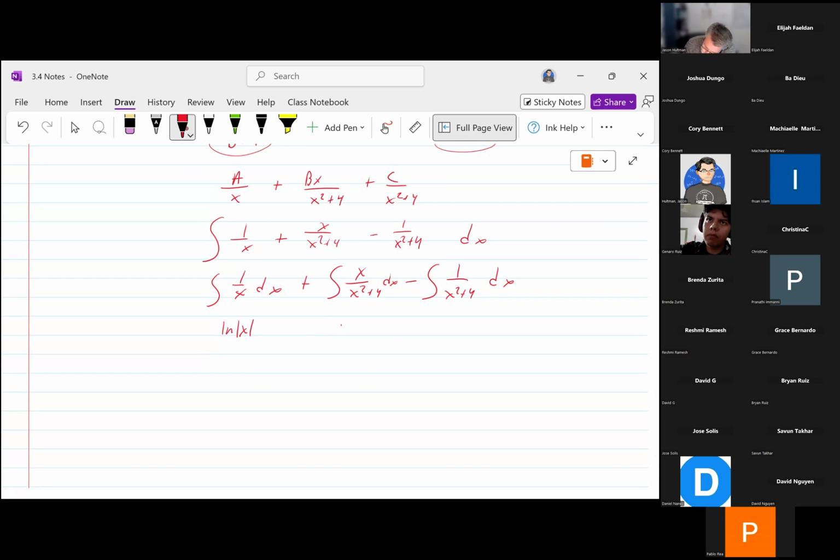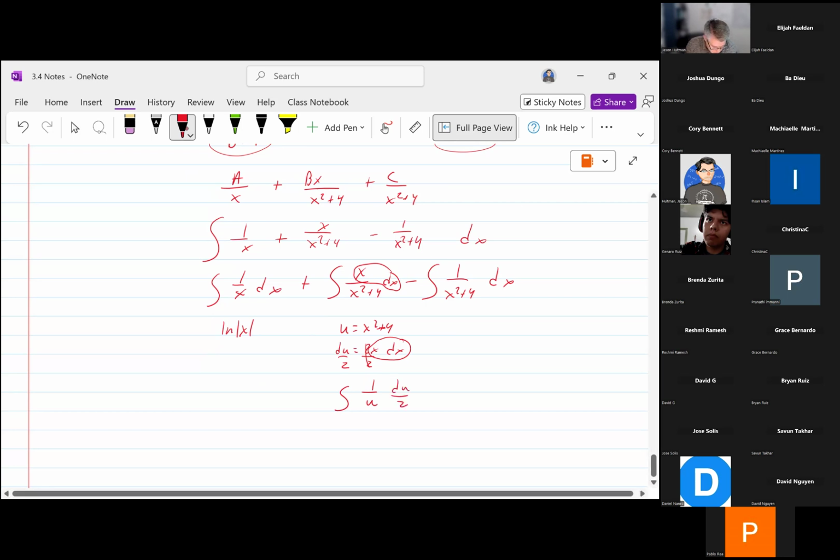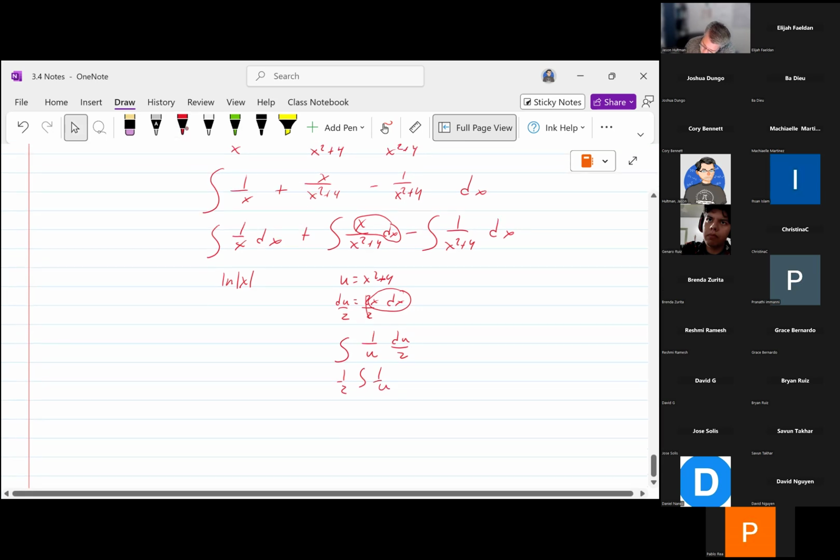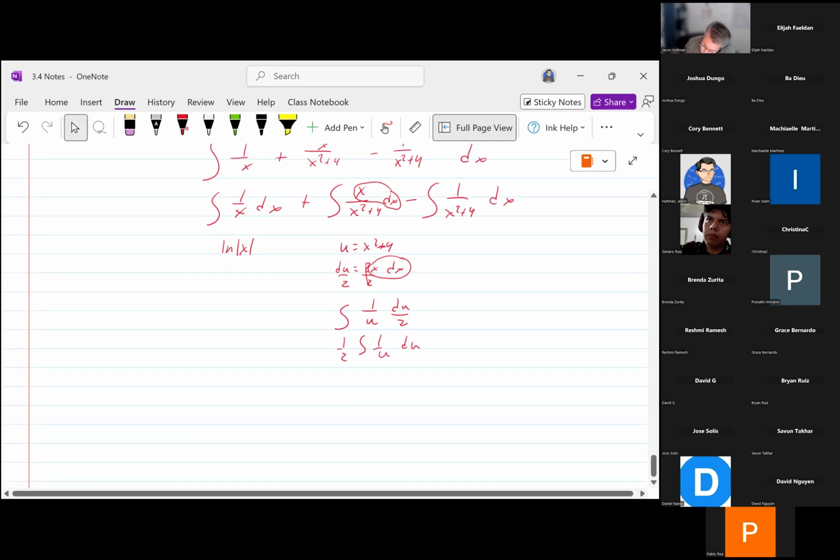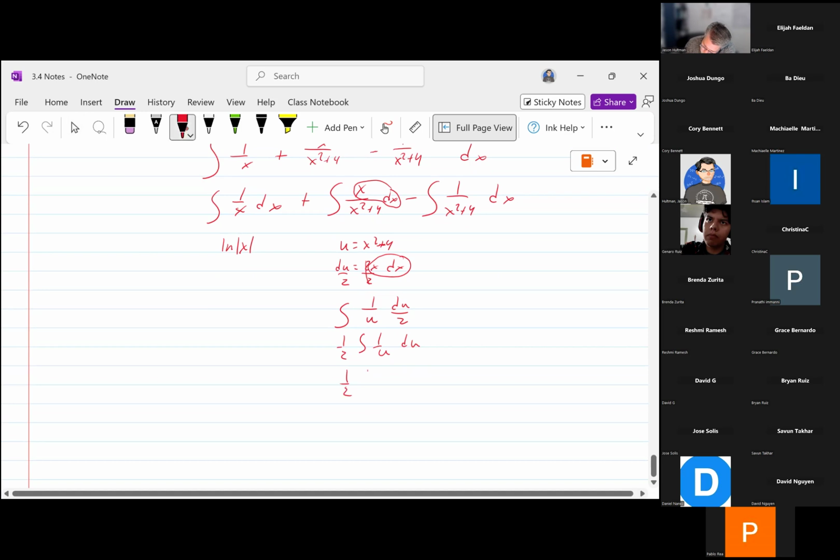So u is equal to x squared plus 4, du is equal to 2x dx, so x dx is du divided by 2. And so we get our x dx here on top. So this becomes the integral of 1 over u du over 2. That's just 1/2 times the integral of 1 over u du, which is equal to 1/2 times the natural log of u.